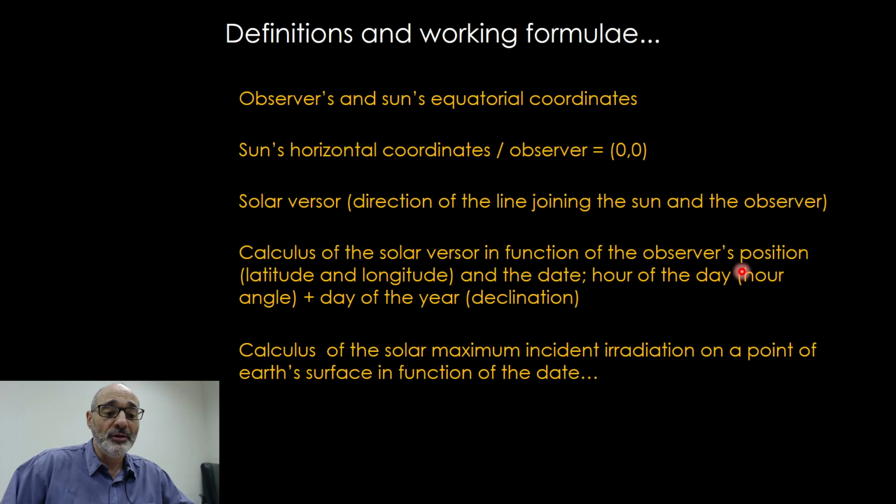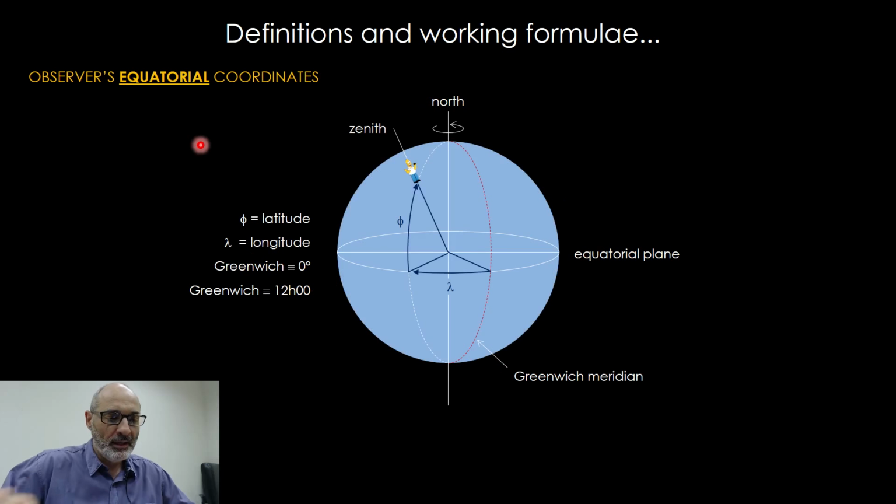So we're going to calculate as a function of the observer position, in terms of latitude and longitude, and of the date, hour of the day and day of the year. And then we're going to calculate the amount of energy that arrives at our power plant. So this is kind of a flight plan for the next, I don't know, 10 or 15 slides.